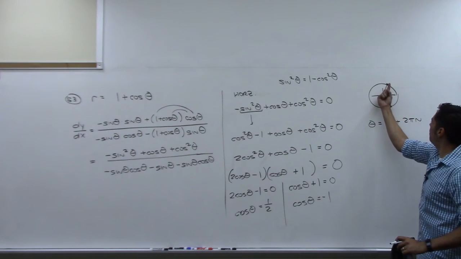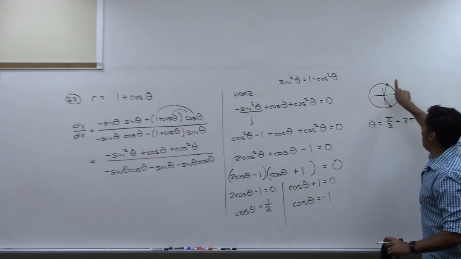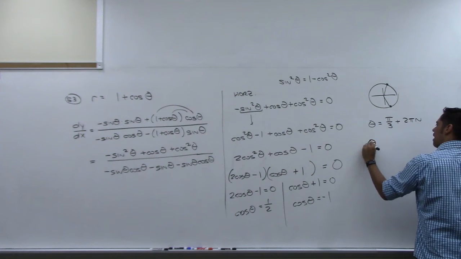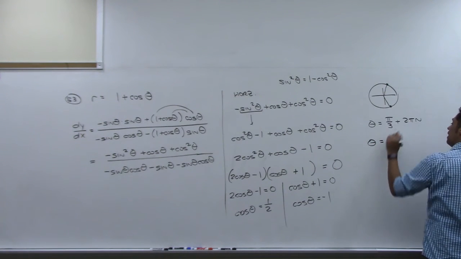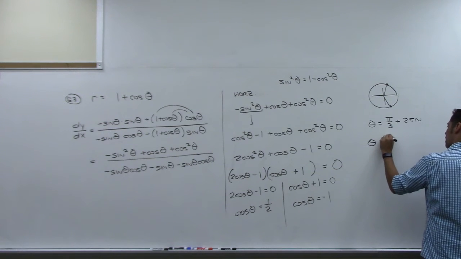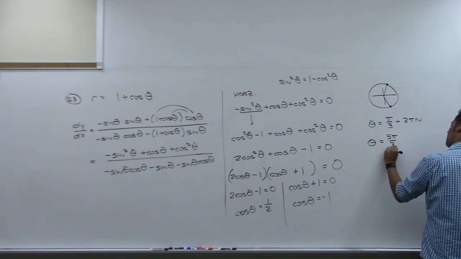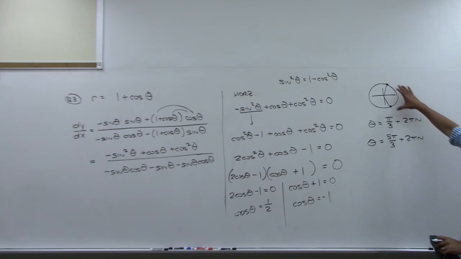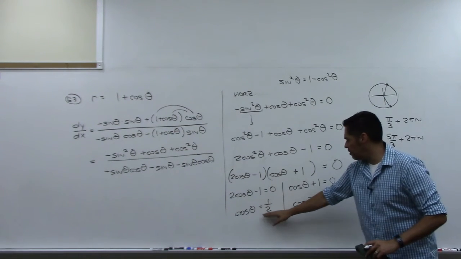So I have to start at pi over 3, and then I have to come all the way back, and then all the way back. So that'll take care of all those. And then I also have this one right here, which is 5 pi over 3 plus 2 pi n. Those are these two solutions, the general solutions for this one.